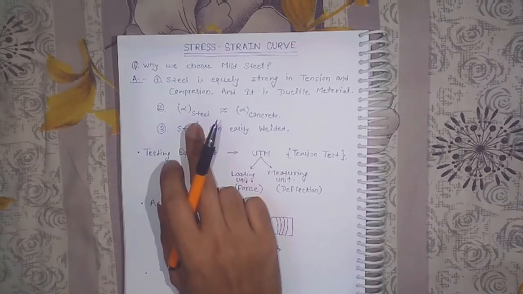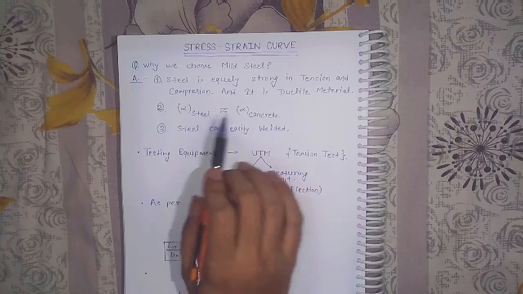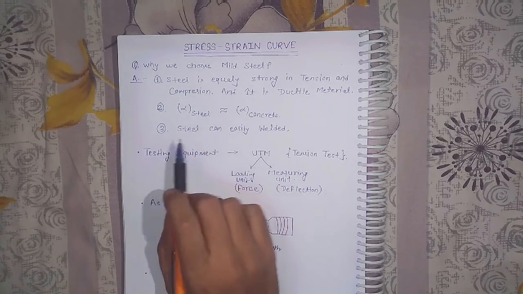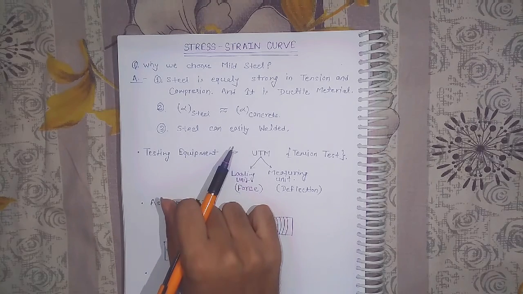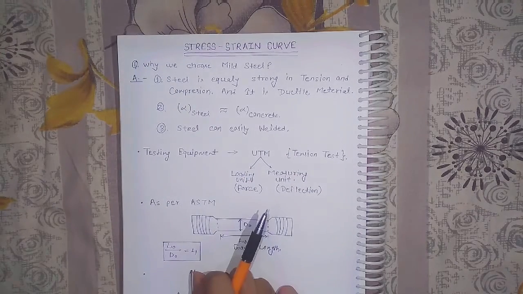The second reason is that the coefficient of thermal expansion of steel and the coefficient of thermal expansion of concrete are equal. And the third reason is that steel can be easily welded. These are the three reasons for choosing mild steel.